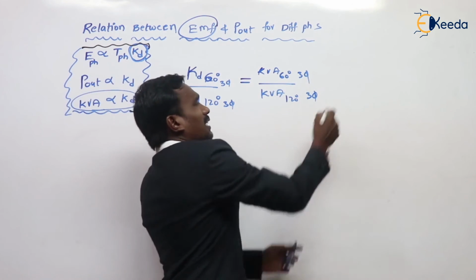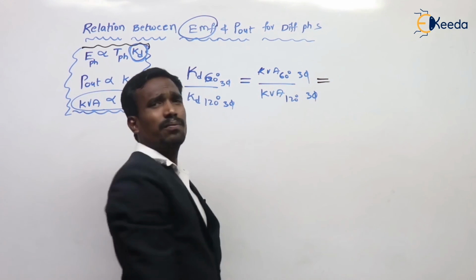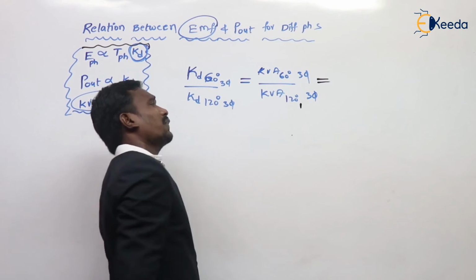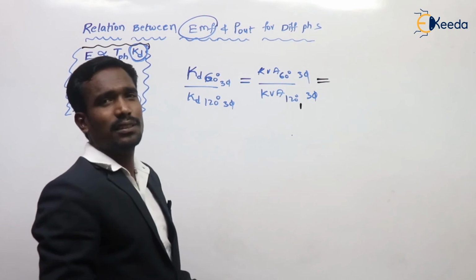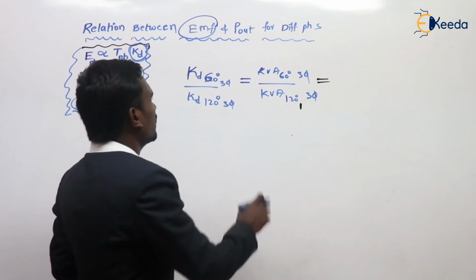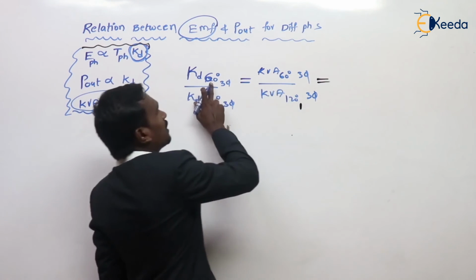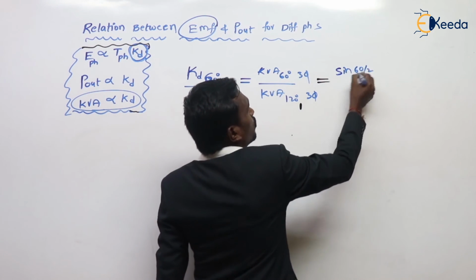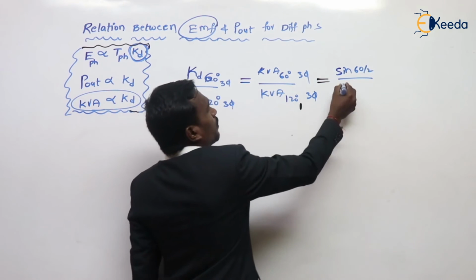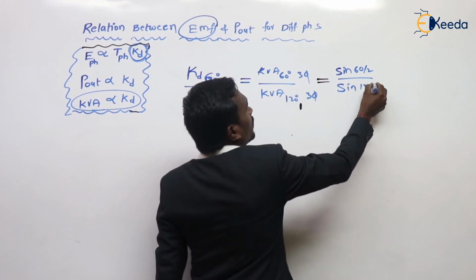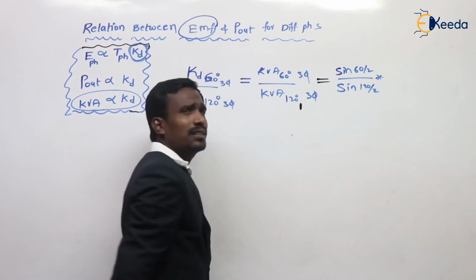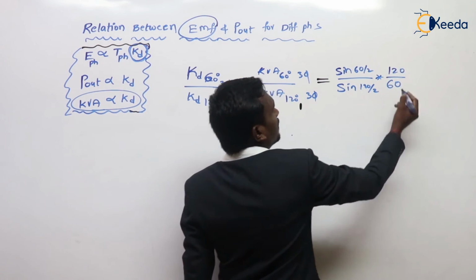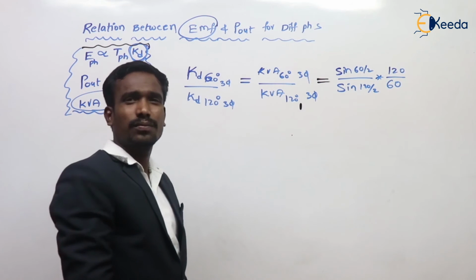Then what is the answer? KVA for 60 degrees, KVA for 120 degrees phase spread, both 3-phase. What is KVA 60? Nothing but KD 60: sine 60 by 2 upon, for 120, sine 120 by 2, and reverse. I said right, reverse: 120 upon 60. This is your answer.